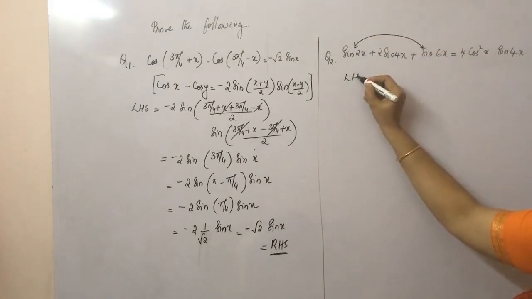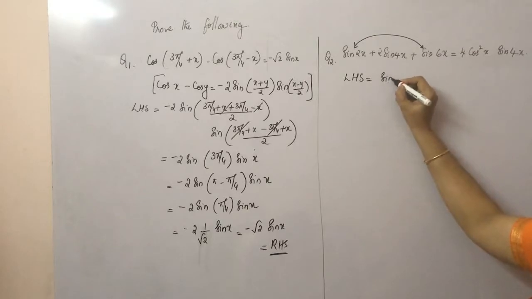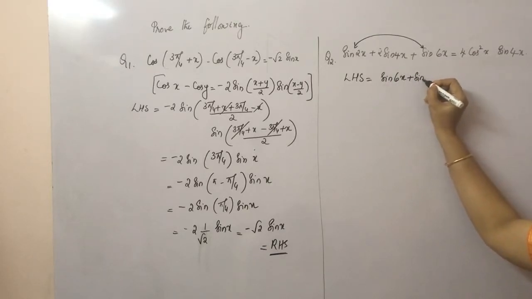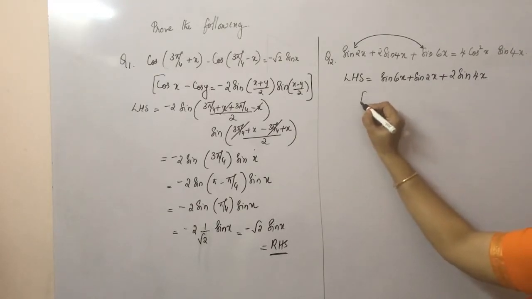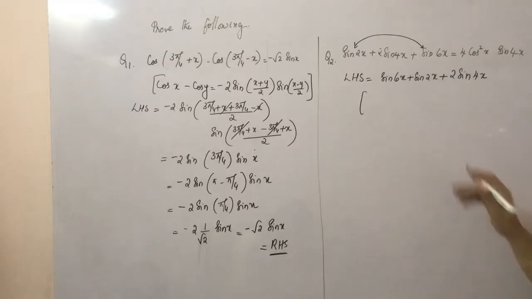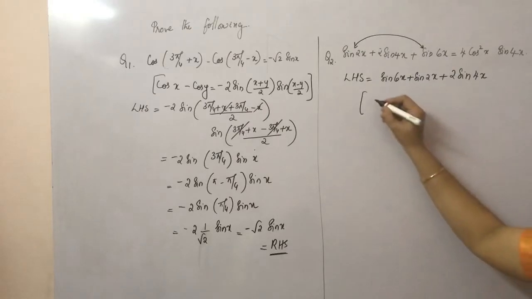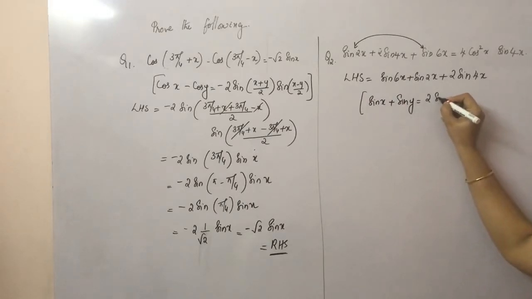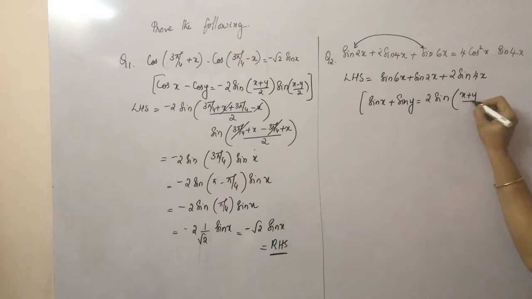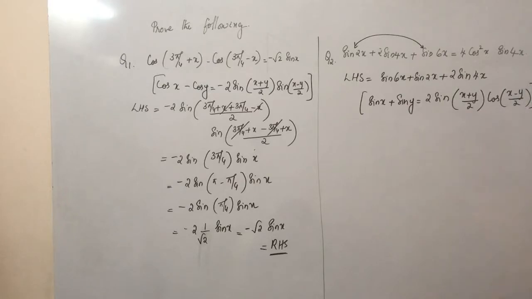LHS equals sin 6x + sin 2x + 2 sin 4x. Now, what is sin x + sin y? It is 2 sin((x+y)/2) cos((x−y)/2). This is the formula for sin x + sin y.